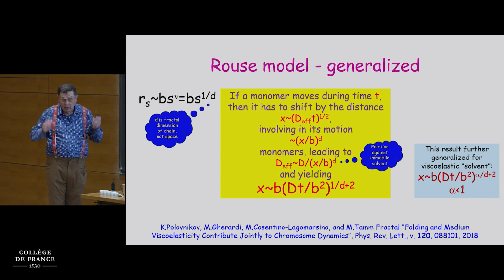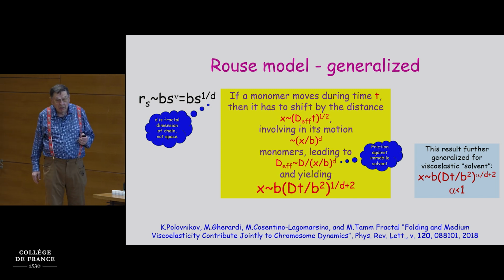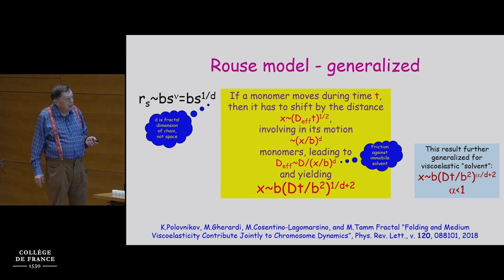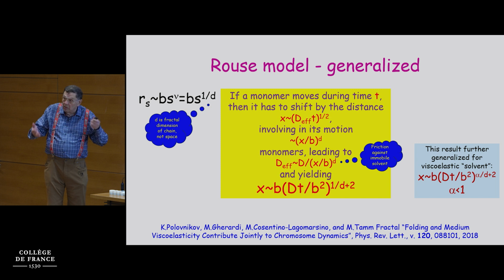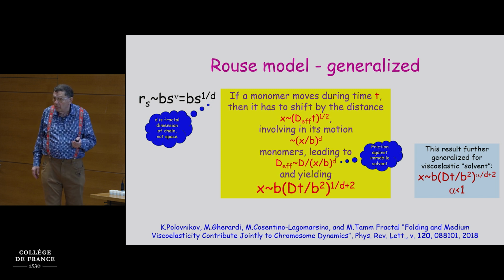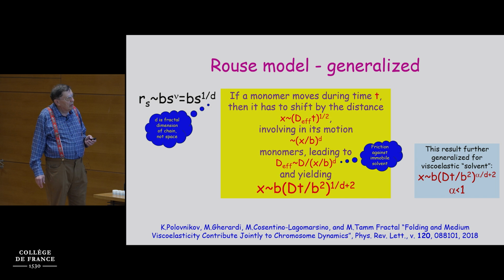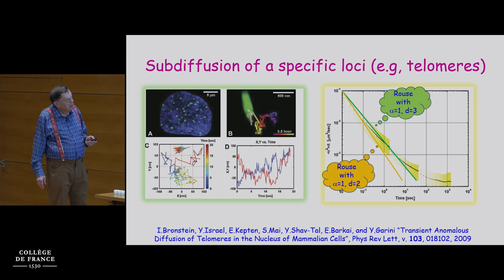I cannot quite imagine what that would mean, but they show that there is another alpha which is smaller than unity. And if D is 3, which is supposedly the case for a crumpled globule, if this is how we describe chromatin, then instead of 1/4 it is 1/5. It's a tiny little difference. So how does it work?